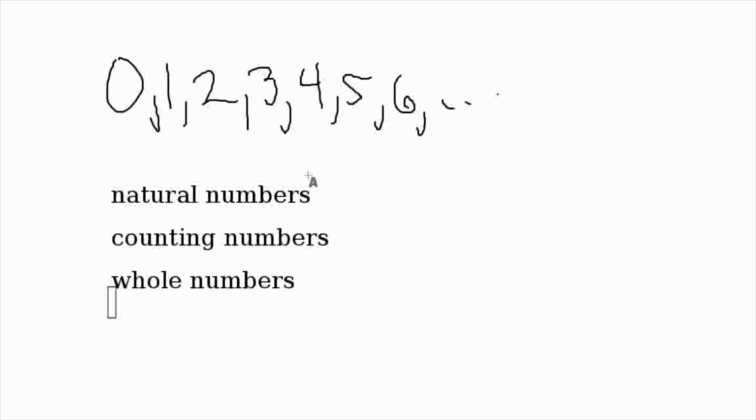So I just want to bring that to your attention. You might talk to somebody and they'll say the counting numbers or the whole numbers, of course they start at 1 and then they go 2, 3, 4, 5, and they don't count 0. But a lot of people do count 0, and I will be using the definition of these types of numbers as including 0.